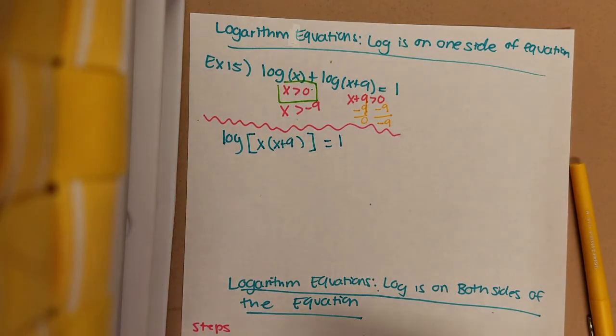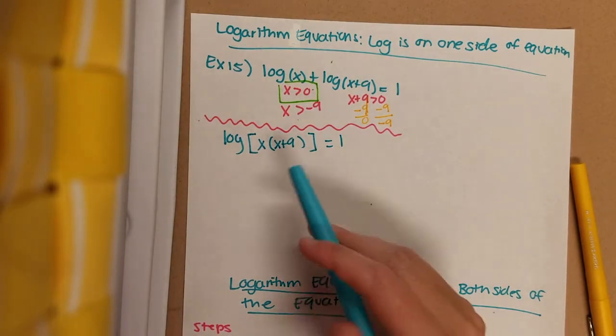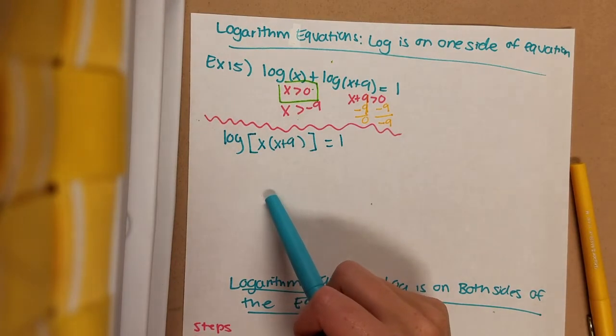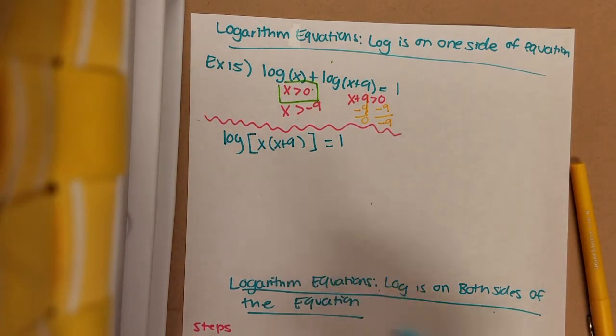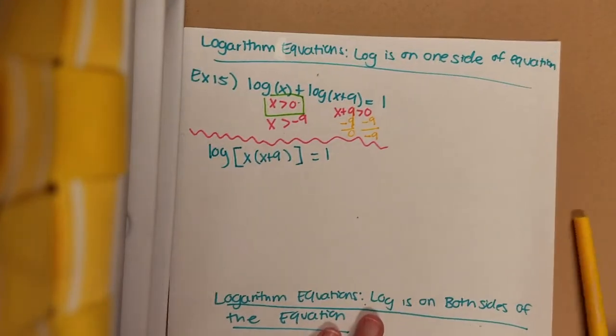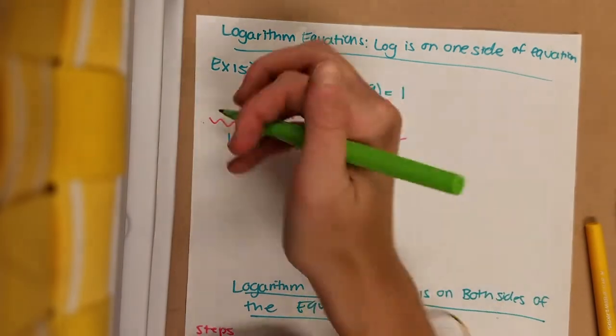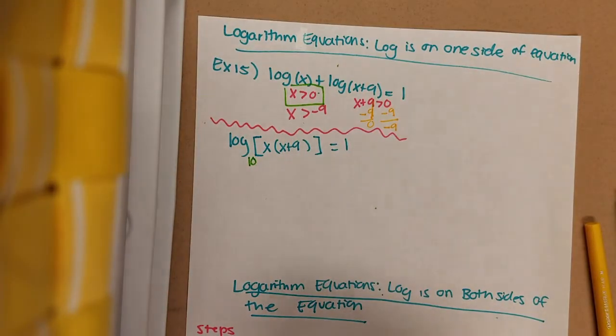Now that I have one log on one side of my equation, I must solve for the x's. When our x's are trapped inside the logarithm, the way they get out is to convert it into an exponential. Remember, if you don't see a base, secretly the base is 10. The base of the log stays on the same side as the base of the exponential.